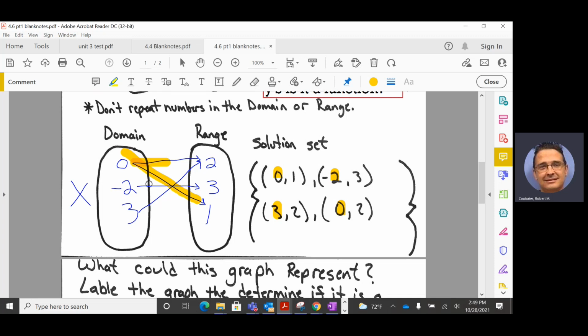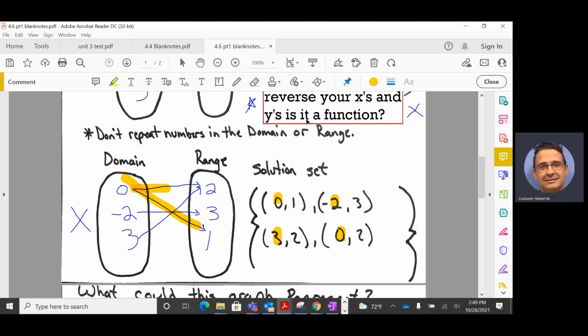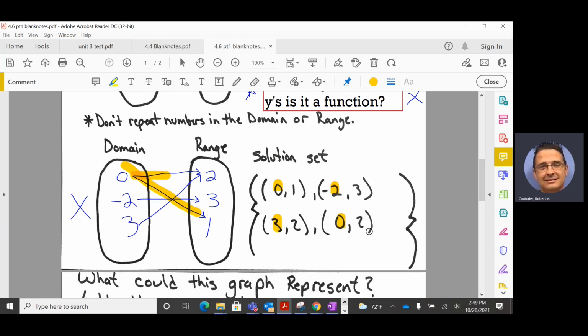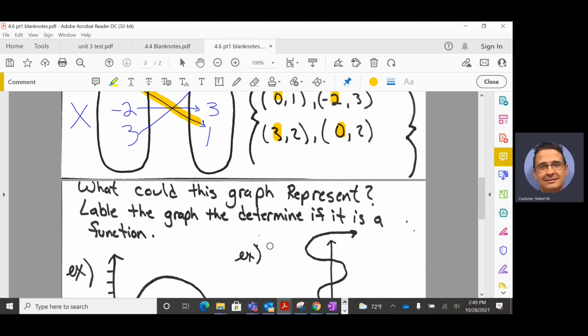And so you have to be really careful about this, okay? And again, if they said, hey, reverse your x's and y's, look, if these were now to become the x's, again, it's still not a function because your x's are going to duplicate. So be careful, all right? You got to be careful when they ask us those crazy questions.